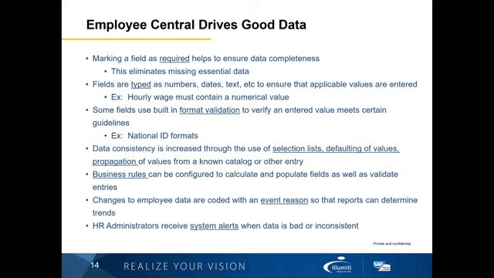Every type of data change that's recorded in the system isn't just recorded by itself, it's given an event reason so that we can report on why things are changing. So it's not enough nowadays to have a list of people who turned over last quarter. We want to know why those people turned over. We can look for trends. Is there a problem in a certain division or a certain department or with a certain manager?